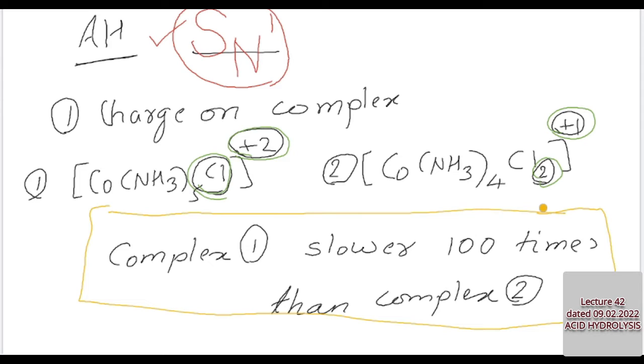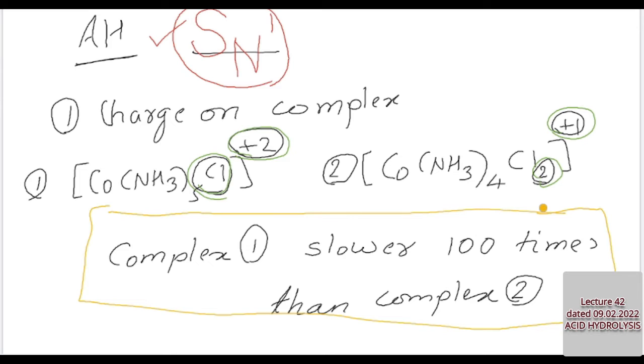On the basis of this observation, we can conclude what the mechanism can be. Will anybody infer the mechanism if complex 1 is 100 times slower than 2? Could you guess on the basis of the structure and the charges? Complex 1 is slower, so it is very sure for us that this is the only mechanism.